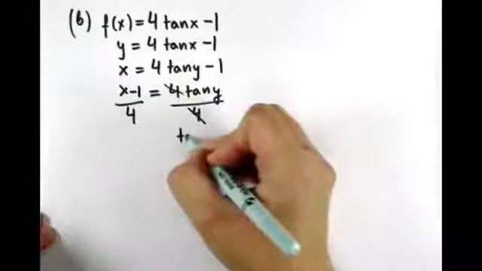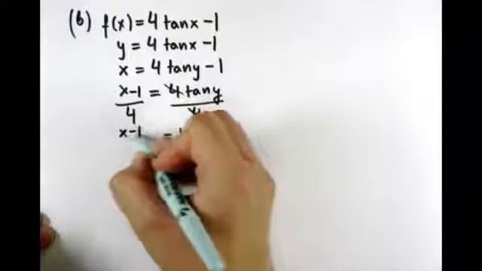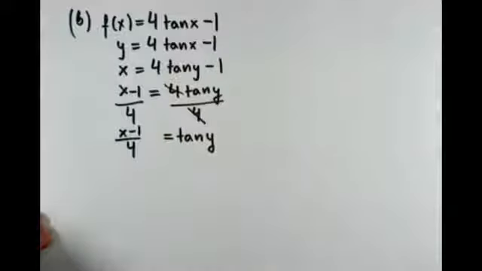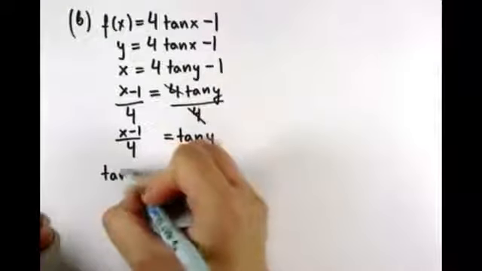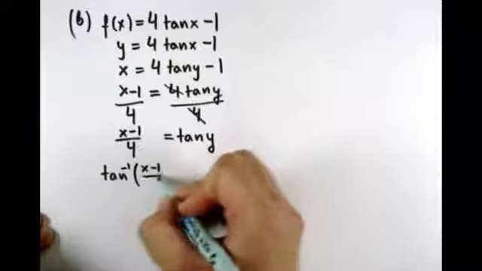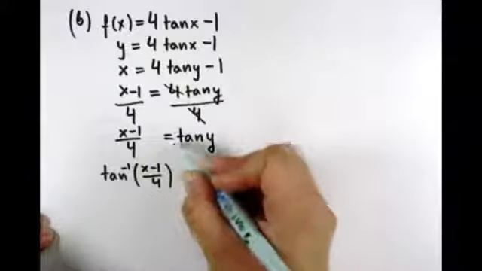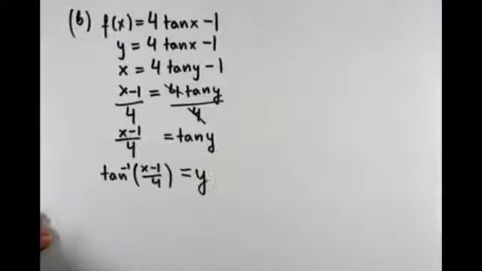So we have tangent y is equal to x minus 1 over 4, and take the tangent inverse of both sides. So tangent inverse of x minus 1 over 4, and tangent inverse and tangent cancel out, so this is equal to y.